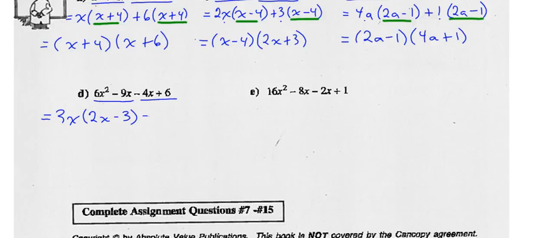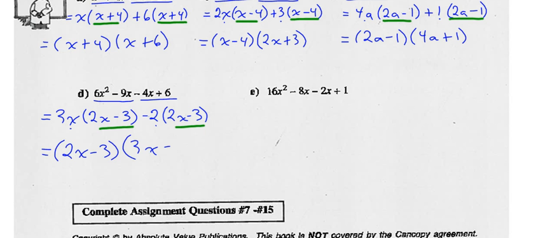The common factor of 4 and 6 is 2, so I'm going to divide every term by negative 2. So negative 4x divided by negative 2 is 2x. Positive 6 divided by negative 2 is a minus 3. If that works, you should have a common binomial factor. In this case we do. That common binomial factor is 2x minus 3. So I divide out the 2x minus 3. I'm left with 3x minus 2.